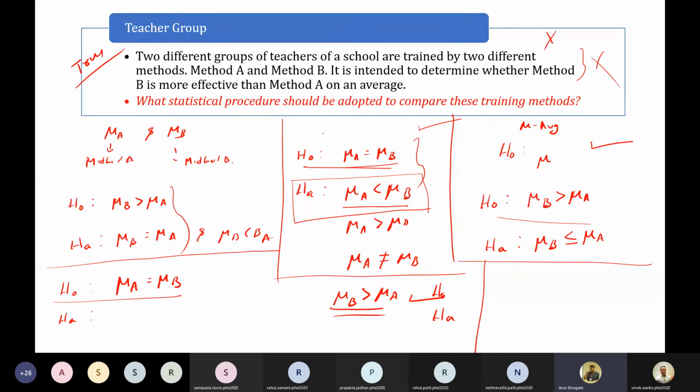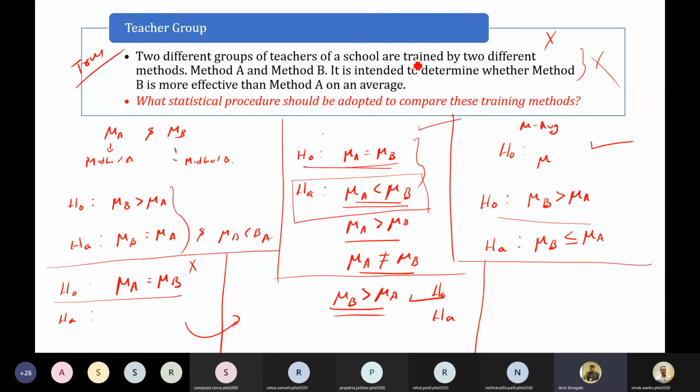Then if I find out, with statistical analysis or using some tools, the effectiveness of method A and method B individually, and I compare them, and I come to know that method A is not equal to method B, then this is rejected, and the question is what the alternate is. The alternate is not equal: greater than and less than.